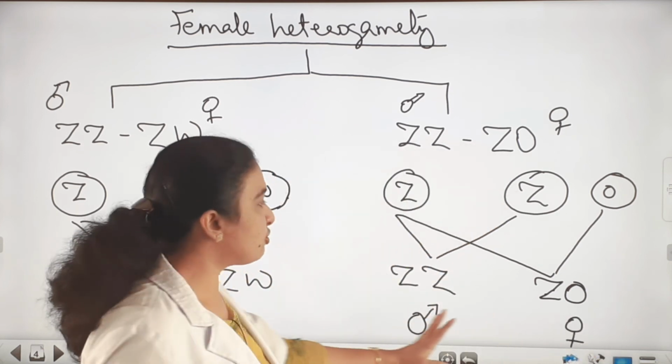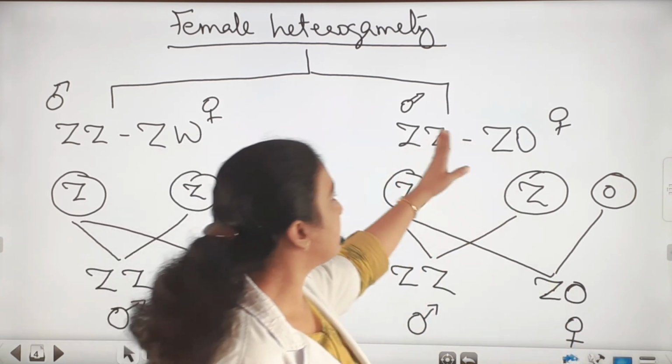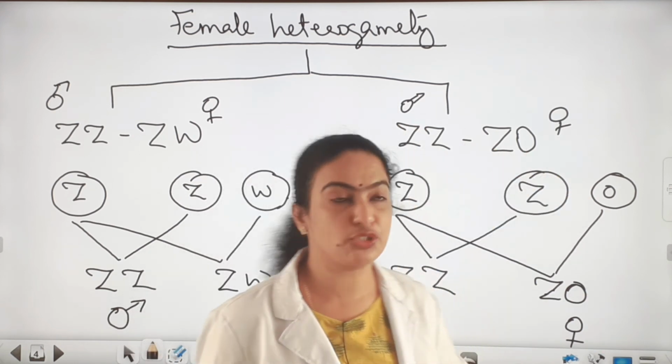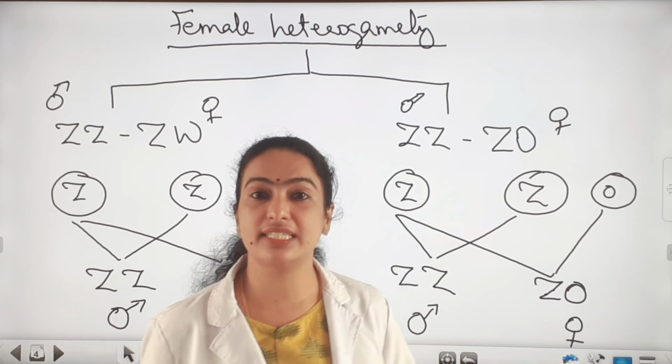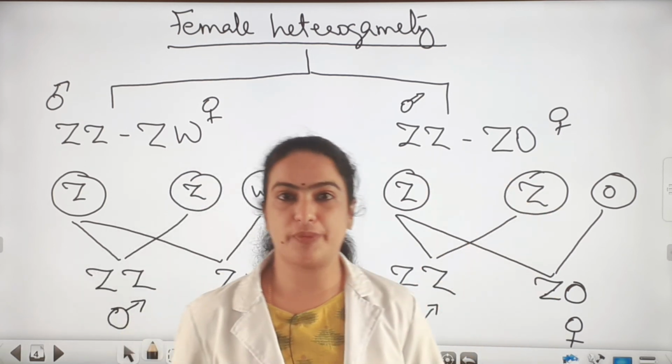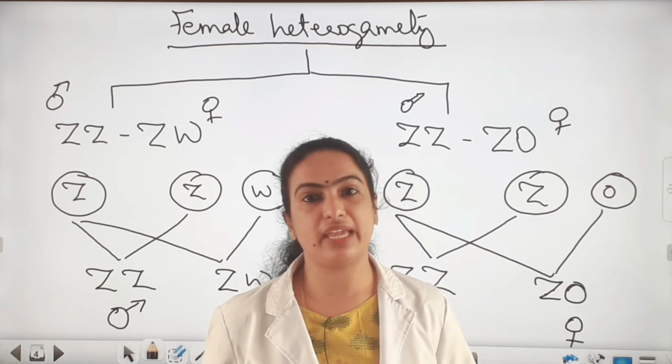Okay. So here also the sex of the offspring is determined by the parent who is having heterozygosity. So the female parent is having heterozygosity and the female parent is determining the sex of the offspring. This is called female heterogamety.